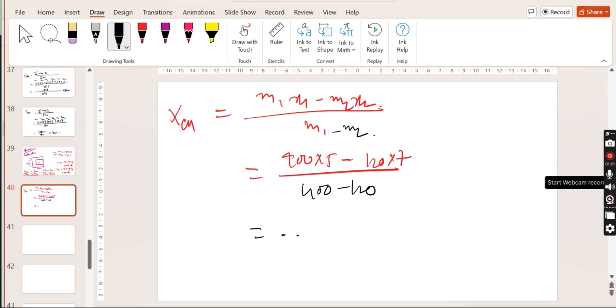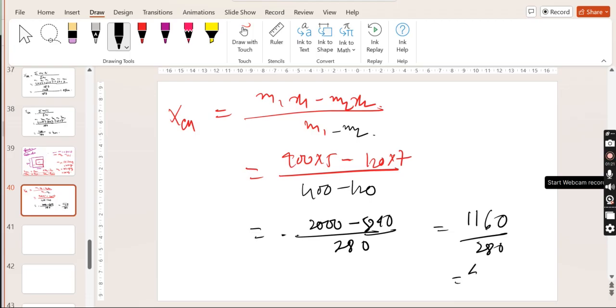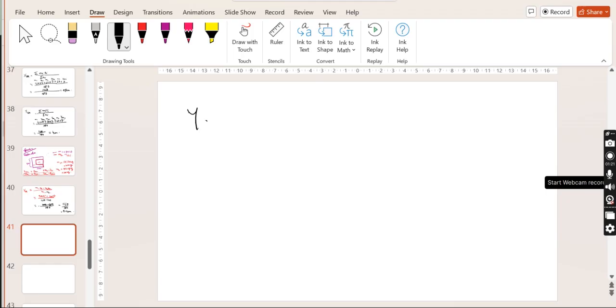So that would be 2000 minus 840 by 280. So that is again 4.14 centimeter. And Y CM would be 400 minus 120.